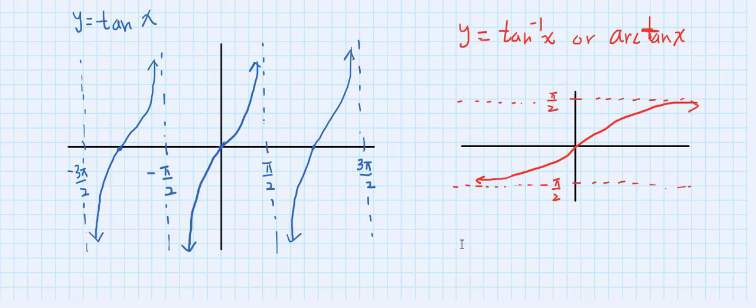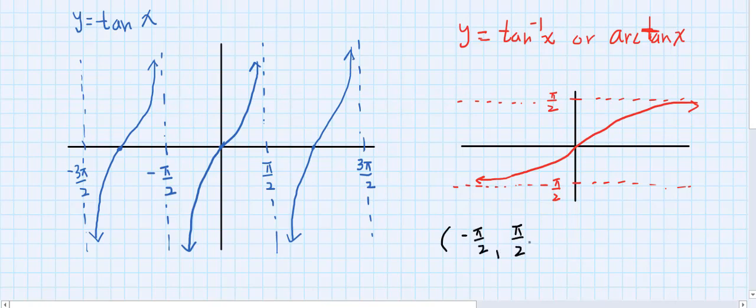So again, we have a restriction on inverse tangent. That is, it will go from negative pi over 2 to pi over 2.